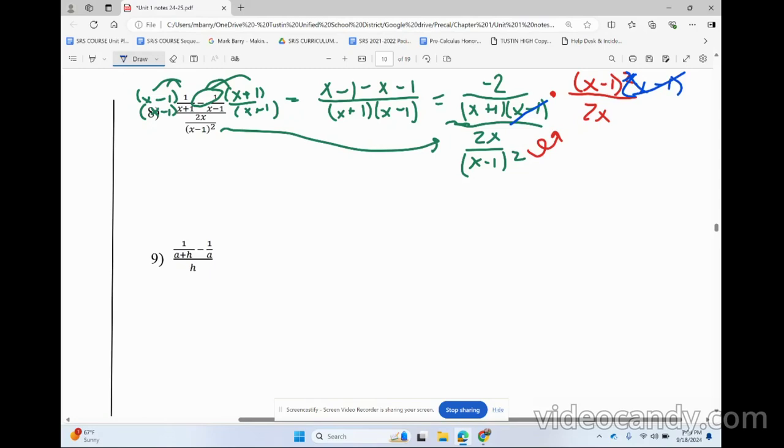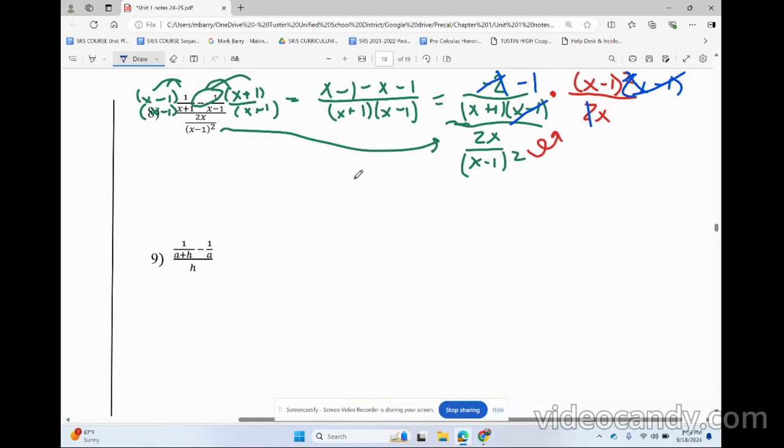All right, I cannot cancel out x minus 1 with x plus 1. They're not the same. But I can cancel out this 2 with this 2 because they are just multiplying other stuff. Now, when I do that, the negative is still left over. So what I'd probably do is cross it off and put like a -1 there to remind me that -1 is still there. If you think about it, like -2 divided by 2 is -1, right? So it's just that -1 is still there as the x is still down here.